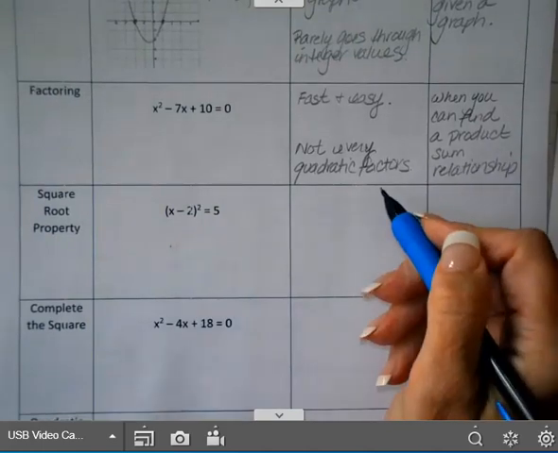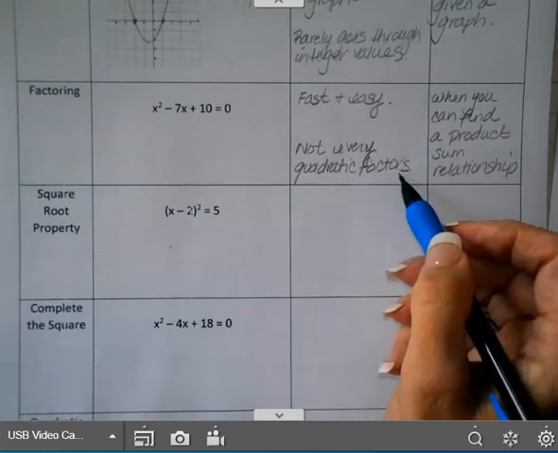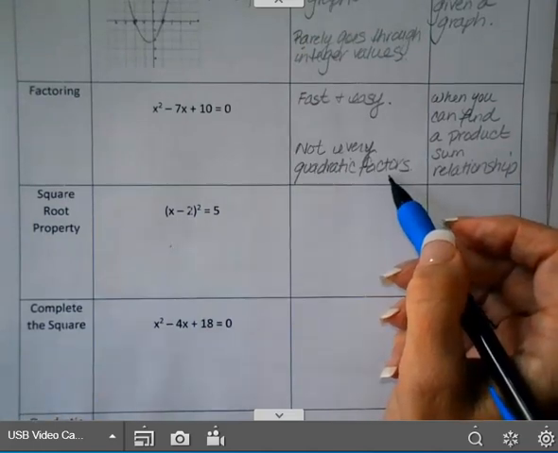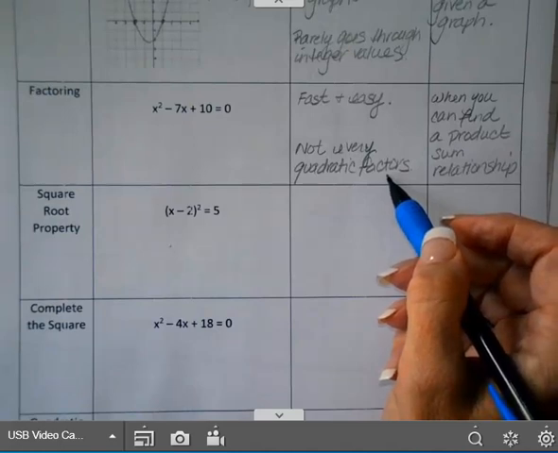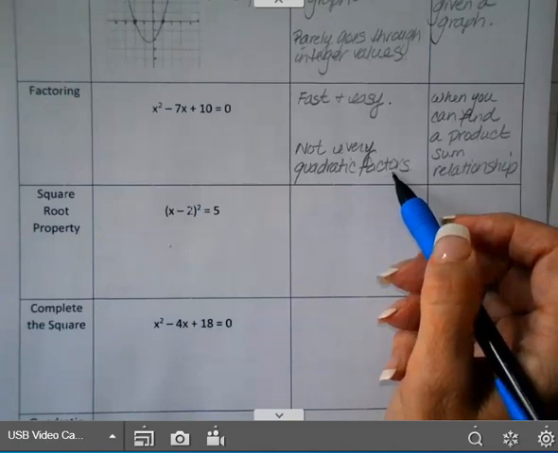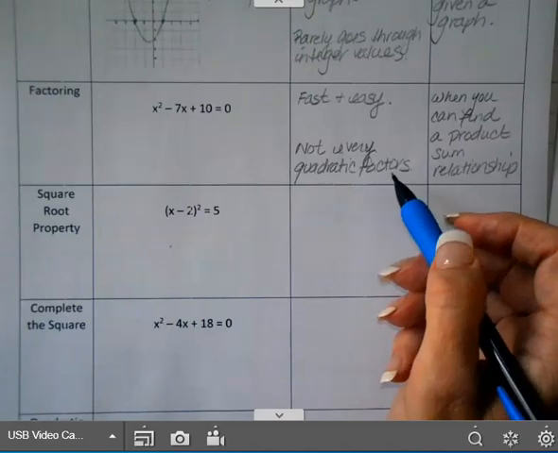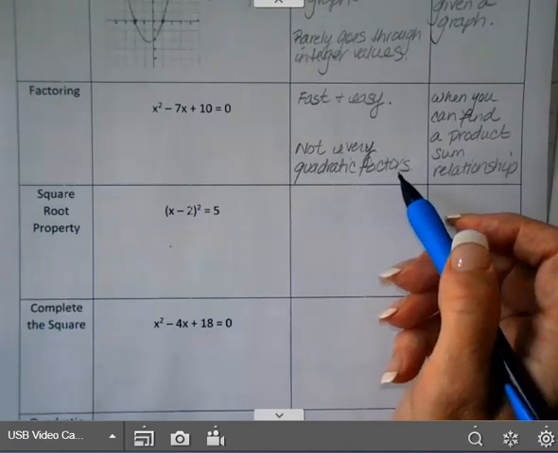And when we talk about not every quadratic factors, we're talking about it factoring over the reals, and specifically, probably mainly just integers, although the fractions aren't too bad if you have something like 3/2. That's not too bad to factor.